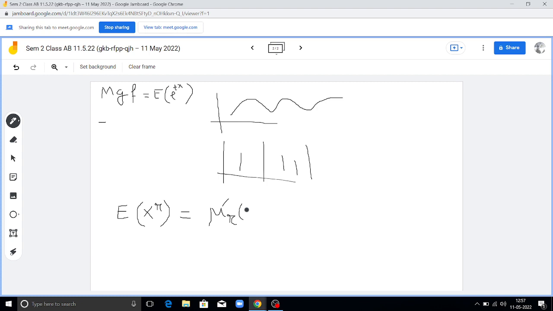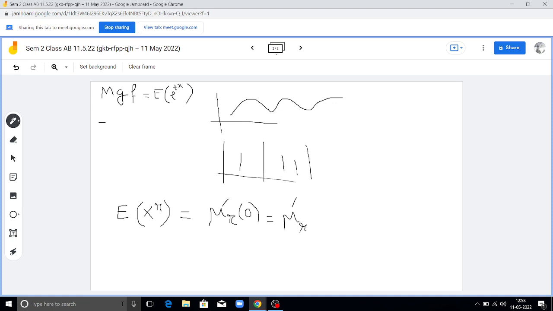You can simply call it mu r prime. Expectation of x to the power r is the rth order raw moment mu r prime.